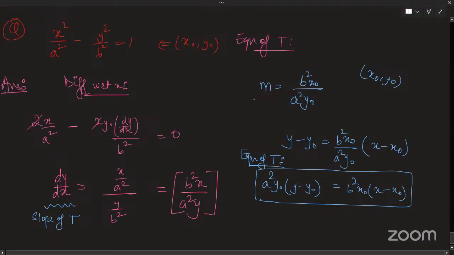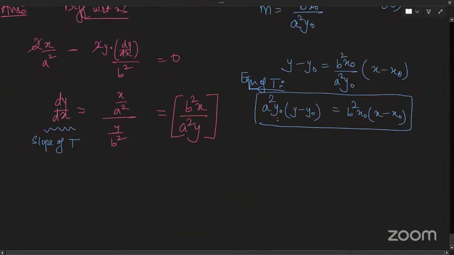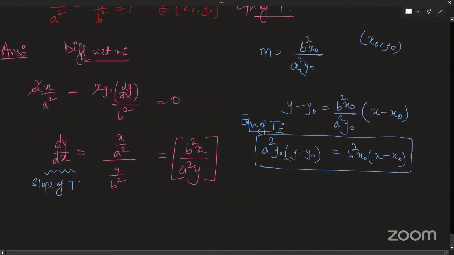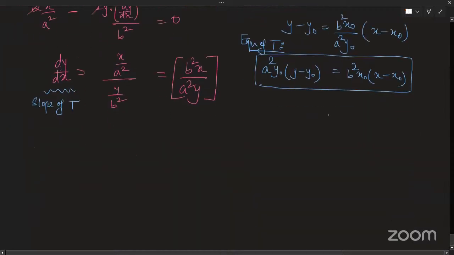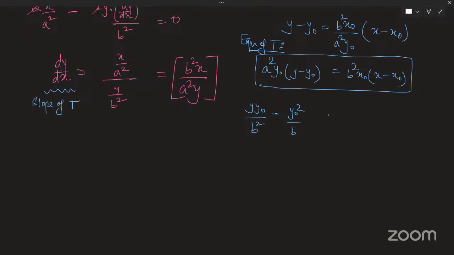Okay. Can I write it in an easier way? Do I have a method to write it in an easier way? If I take this a square this side, this thing can be written as y naught by b square minus y naught square by b square is equal to x naught by a square.